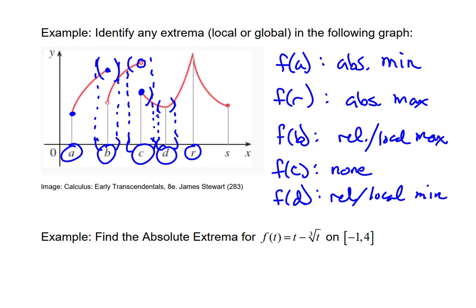So f of d, the y value there, is the lowest value within this open interval that we could draw surrounding it, which means we'll call it a relative or local min.